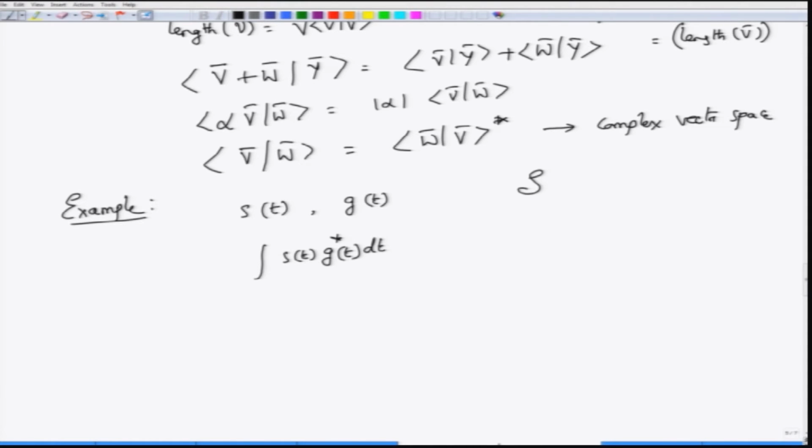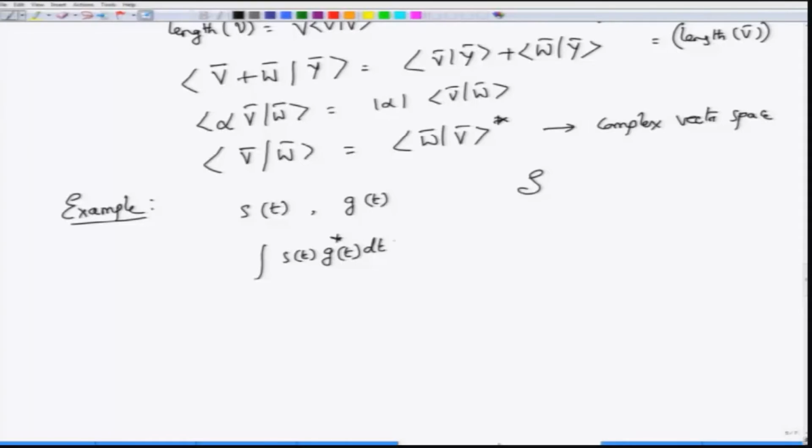For real valued signals, you simply have to drop this conjugate term, okay. So this would be s(t) multiplied by g complex conjugate of t and then integrated over the duration, whatever duration you have considered originally for the two signals. And now this would be the definition of the inner product of the vectors s(t) and g(t).